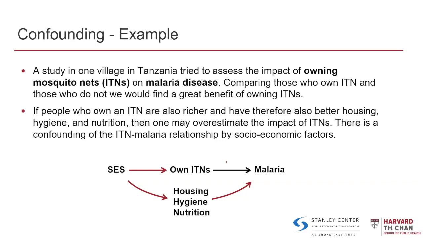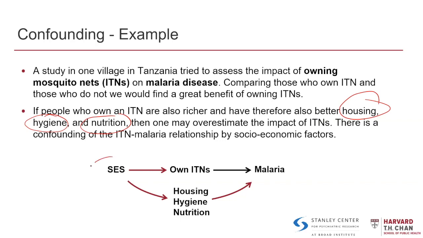If people who own a net are also richer and therefore have better housing, better socioeconomic status, better hygiene, better nutrition, then one may overestimate the impact of owning a mosquito net. This is also another example of confounding.